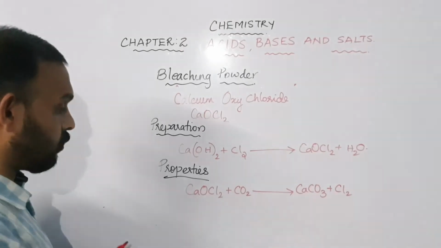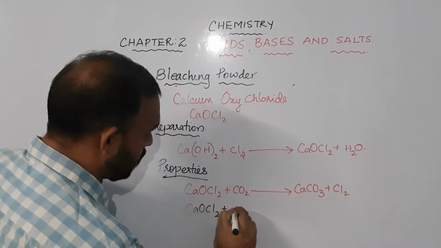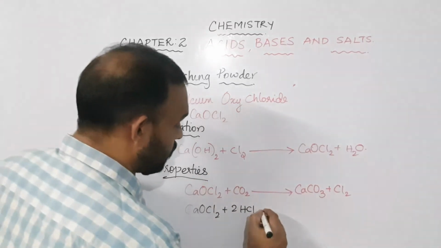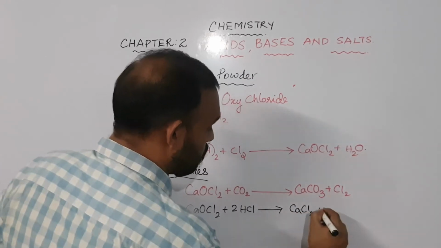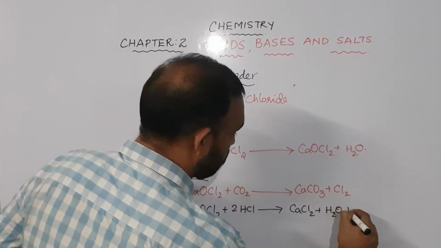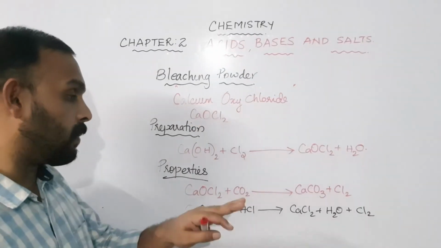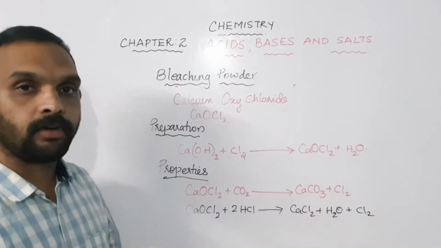Okay, so we can write its equation as CaOCl2 plus 2HCl, suppose with dilute hydrochloric acid, then we will have the compound formed CaCl2 plus H2O plus Cl2. Okay, so this is another property of bleaching powder. So we have five properties of bleaching powder.